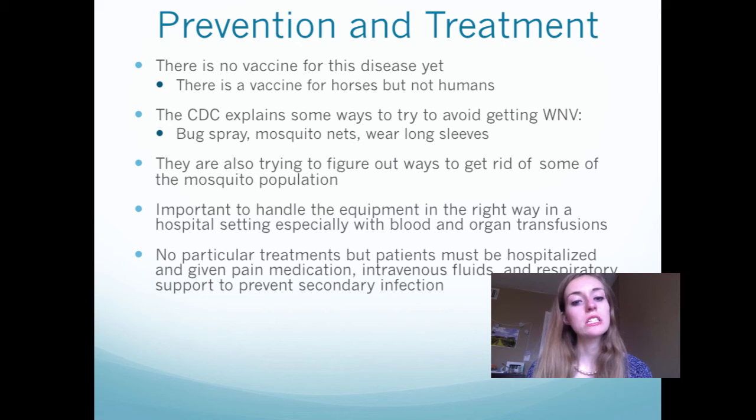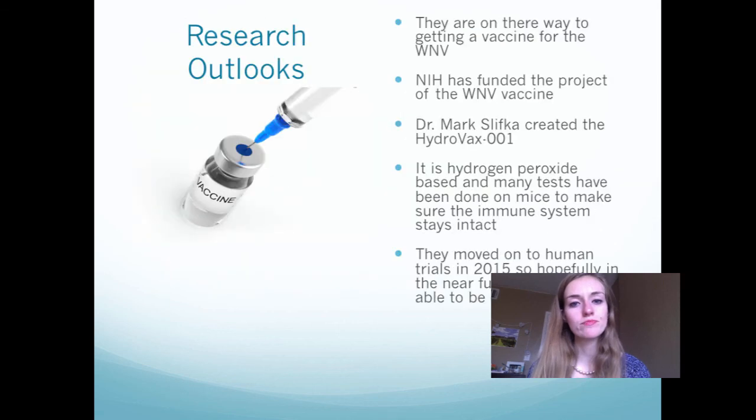It is important to handle the equipment in the right way in a hospital setting as well, especially when dealing with blood and organ transfusions. There is no particular treatment for West Nile virus, but patients must be hospitalized and given pain medication, intravenous fluids, and respiratory support in order to prevent any sort of secondary infection.